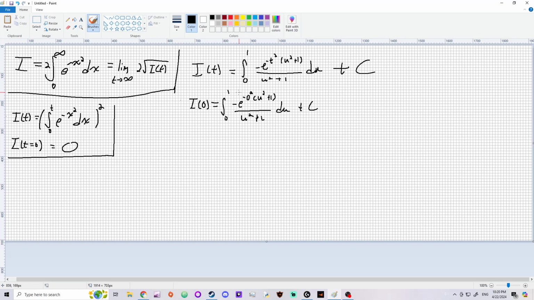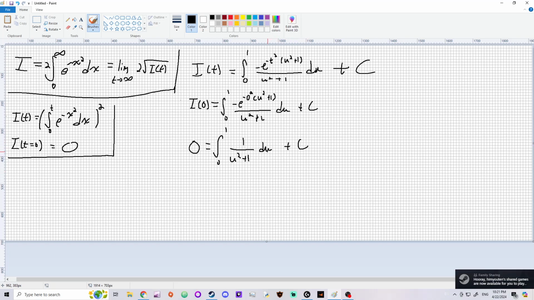Anything to the 0 is just 1, so we have 1 at the top here. So it's 1 over u squared plus 1 du plus c. And remember, I of 0 is equal to 0, as I stated here. So 0 is equal to the integral from 0 to 1 of 1 over u squared plus 1 du plus c.